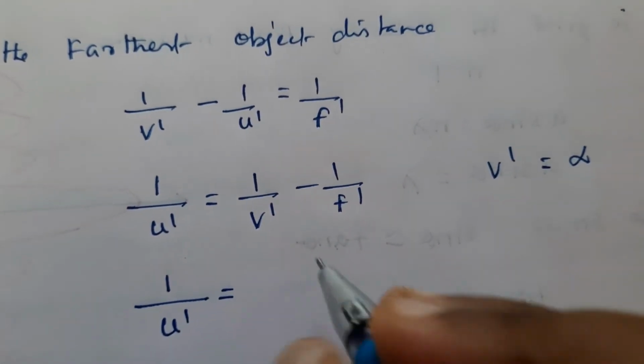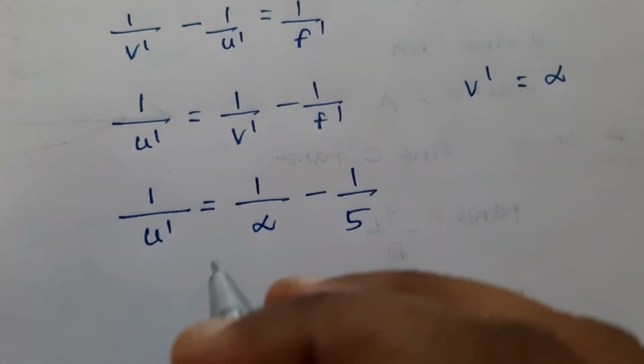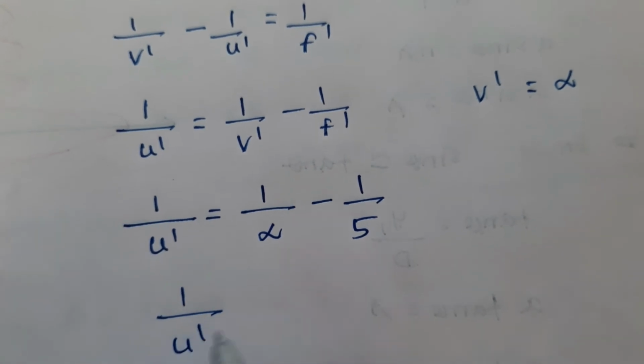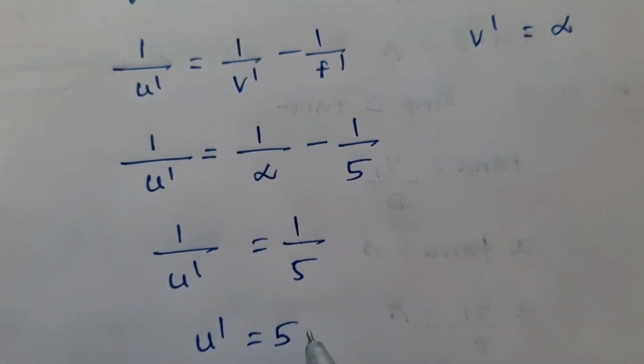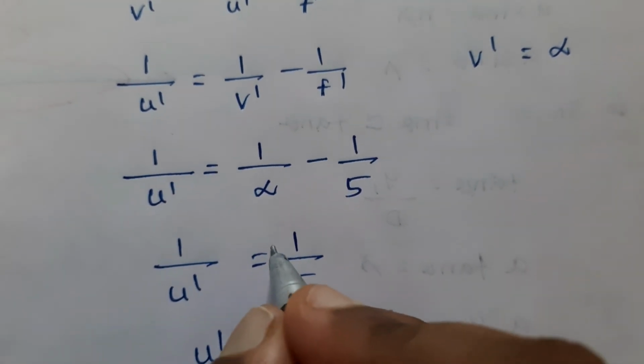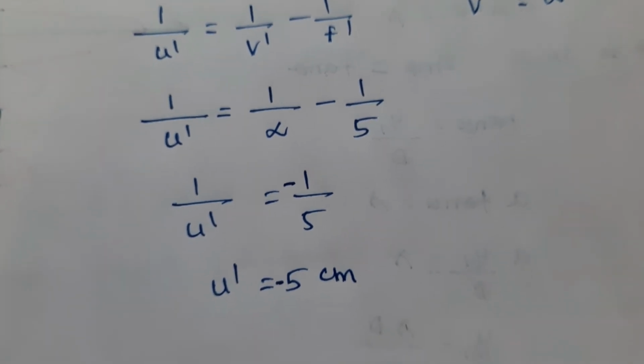So 1 by U dash is equal to 1 by infinity minus 1 by 5, so 1 by U dash is equal to minus 1 by 5. So U dash is equal to minus 5 centimeter.